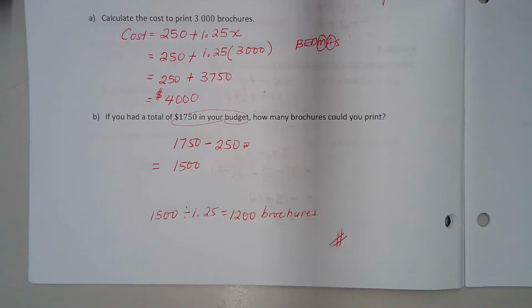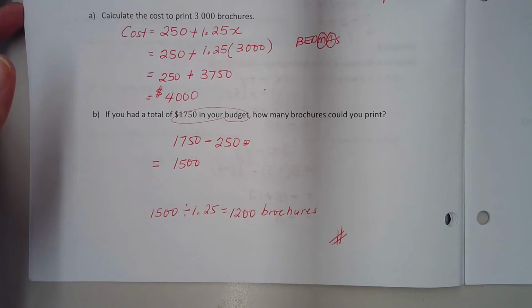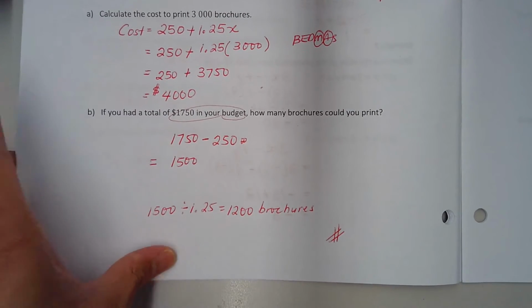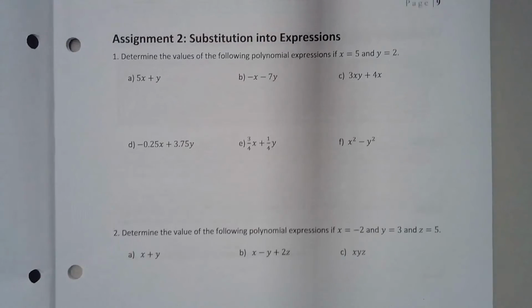Maybe some of you have already started on assignment number 2. When you do assignment number 2, a few things that I'm going to ask you is to substitute, and then work out the order of operations to evaluate. Okay, so that's that piece over here.